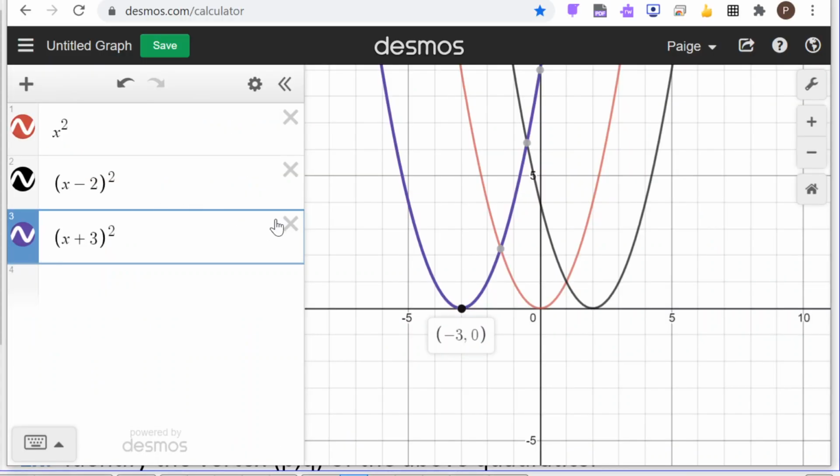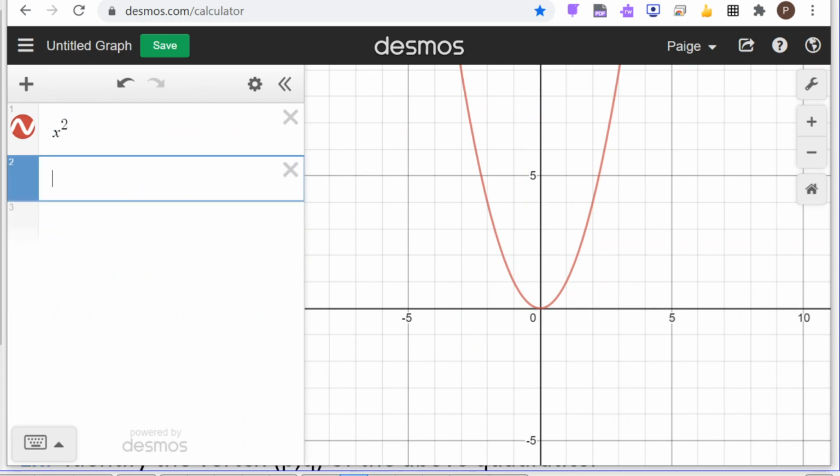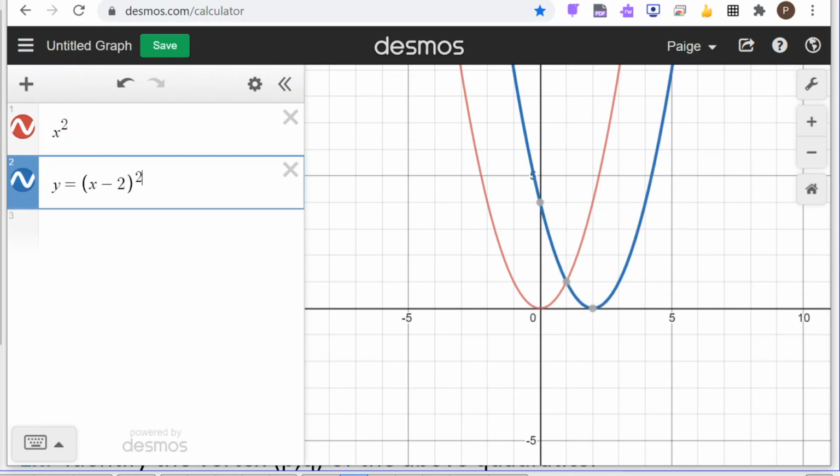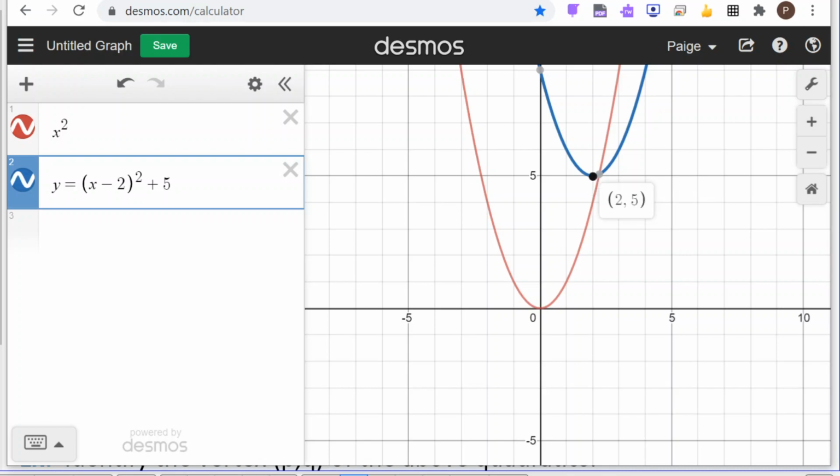We'll take a quick look at that. Let's go y equals x minus 2 squared plus 5. Notice that our vertex is at 2, coming from the p value for x, and 5 coming from the q value for y.